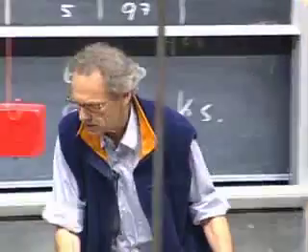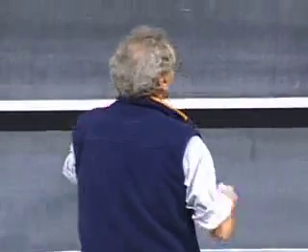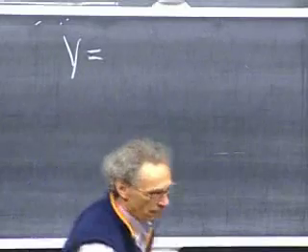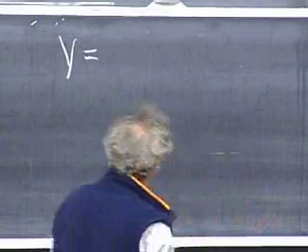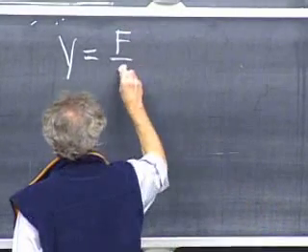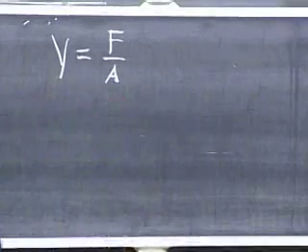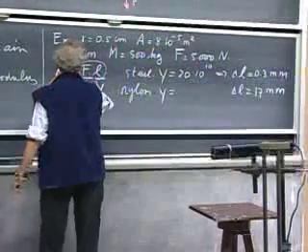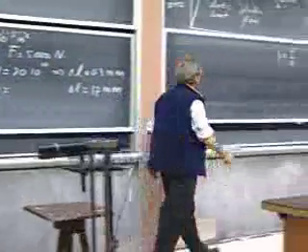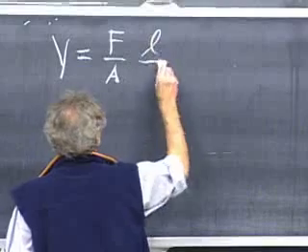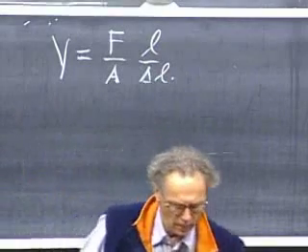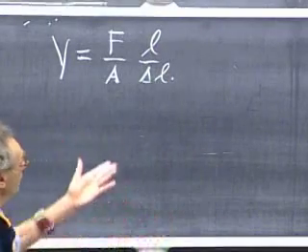So Young's modulus itself equals F divided by A. You have here the equation, Young's modulus equals F divided by A times L divided by delta L. We know what A is, we know what L is.